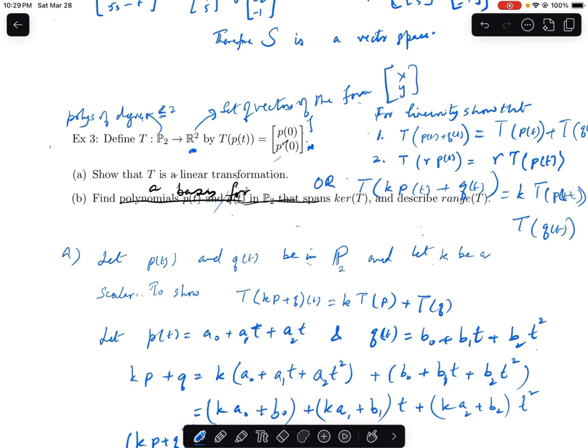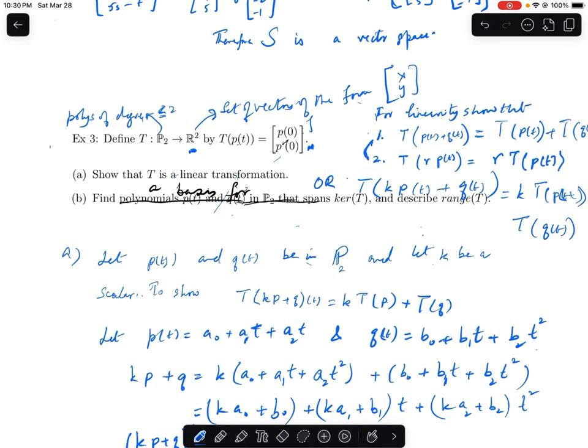So in general, we have to show that it is a linear transformation. For linearity, remember these two conditions that it has to satisfy. One is that if we take two polynomials from P2, by the way, I hope everyone remembers that P2 is all the polynomials of degree 2 or less.